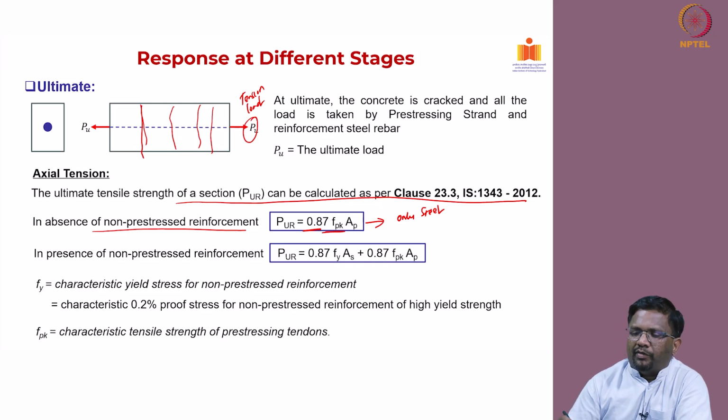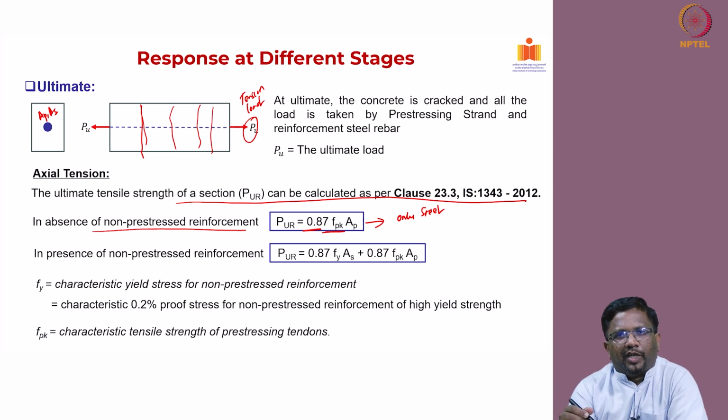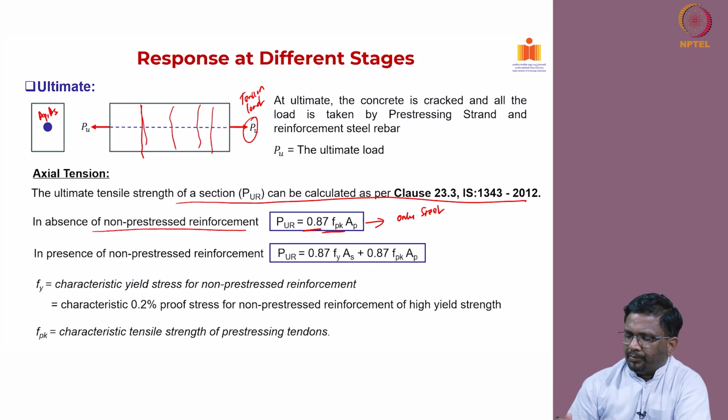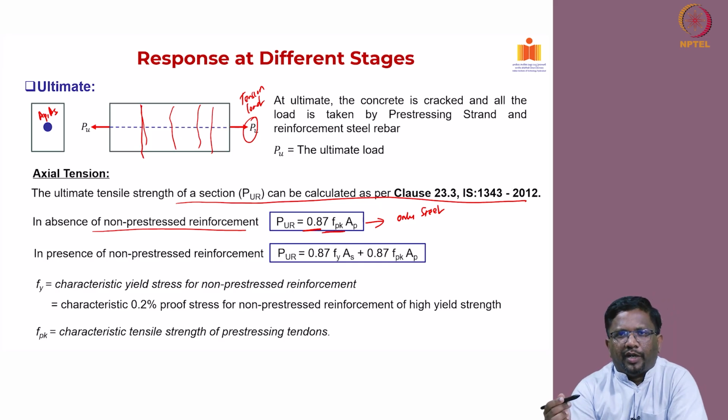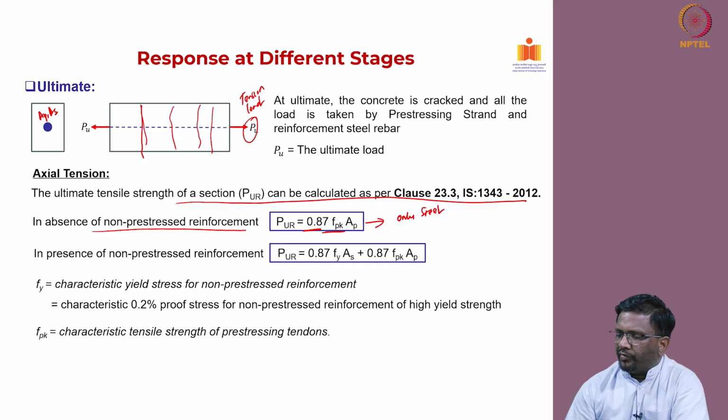Now, you also have a section like this, with both AP and AS. Okay. So, in case of an axial load, it does not matter where you put your reinforcement, because you are applying an axial load, so the section will be subjected to the same strain, right. So, you can have both AP and AS, or only AP or only AS, right. In case you have both of them, then how do you calculate the strength of the section?